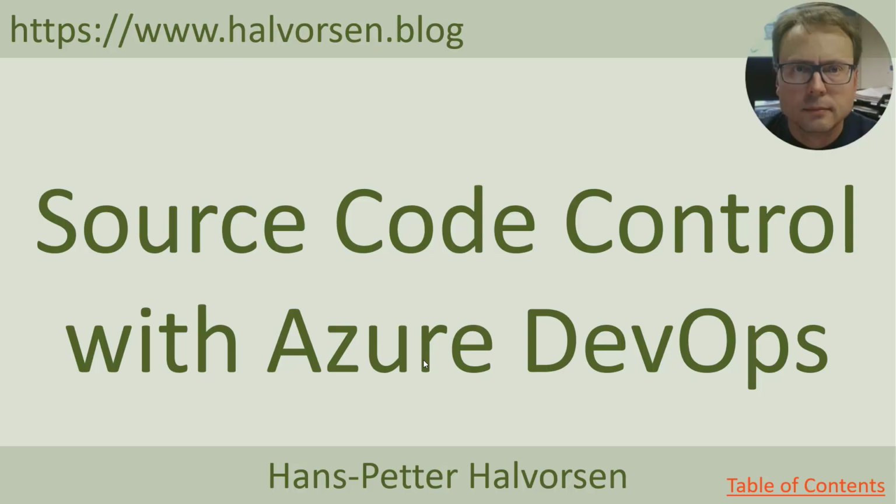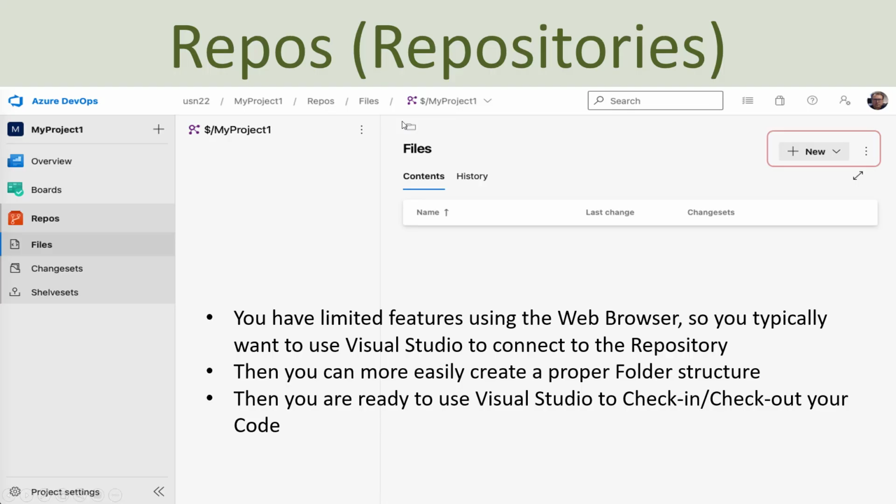So let's see how we can use the source code control features within Azure DevOps. Typically you can add or open files, create folders, and insert files directly from the web page, but this feature on the web page of Azure DevOps has limited features within the web browser.